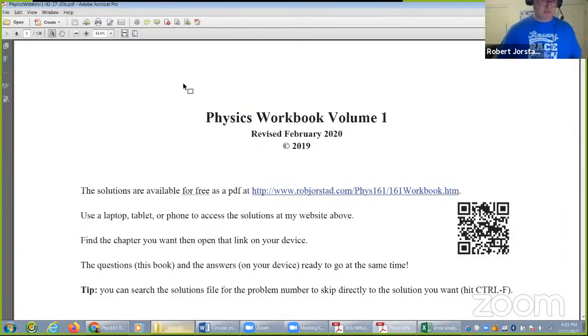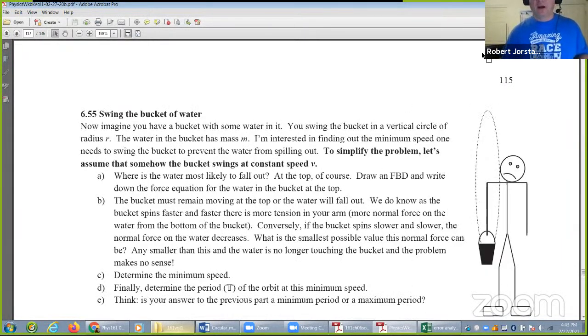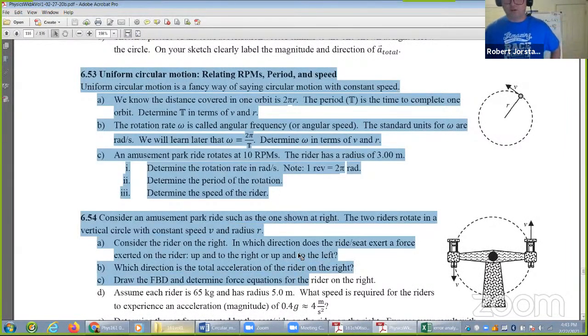There we go. And so let's just go up here to about page 120. Oh, that's too far. Let's try 117. All right, we'll start with this one. So this is page 115 in your book, 117 in the file that I have. There's problems before this, and I'm hoping that these ones are easier for you to attack at home on your own.